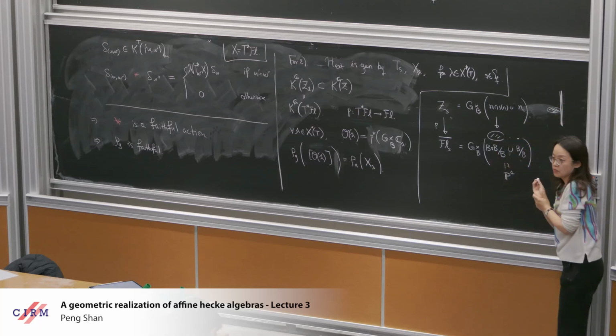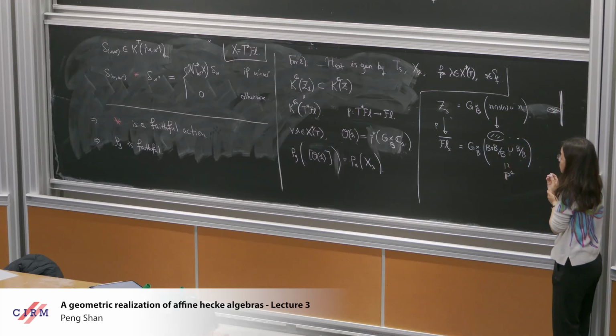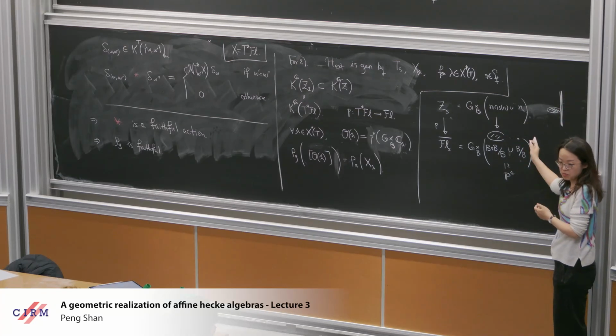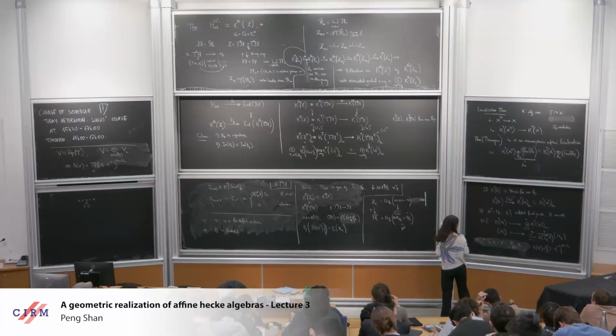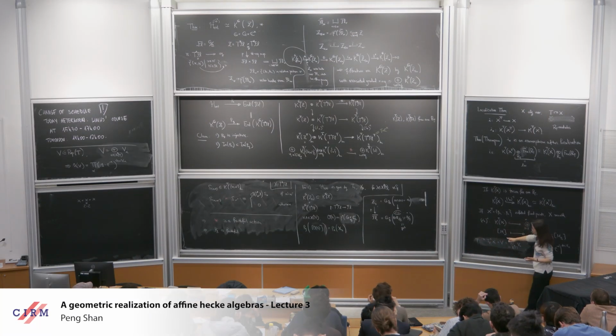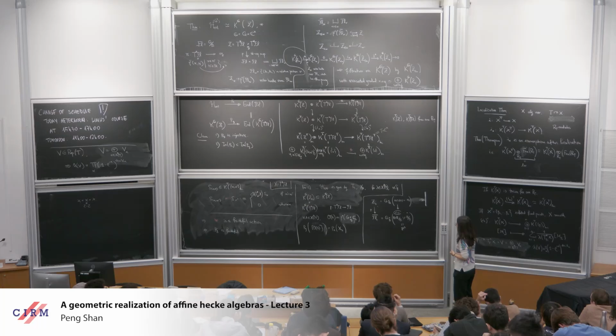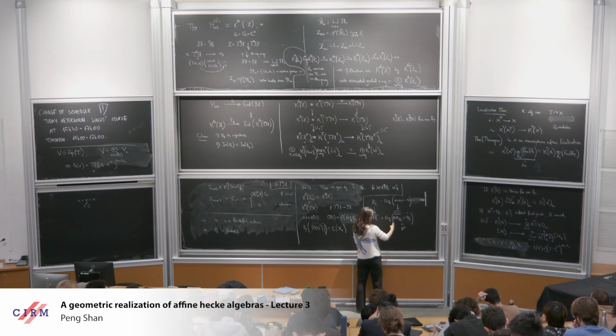So, again, in the example of SL2, this is a variety which looks like this, and you have a line here. And this is not smooth, and you don't want this, because if it's not smooth, it's hard to compute its image in K-theory under the localization theorem. So instead, what you can do is take first the pre-image of the open cell.